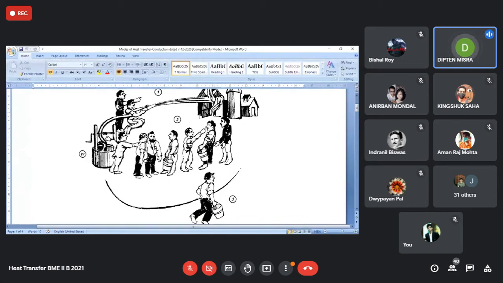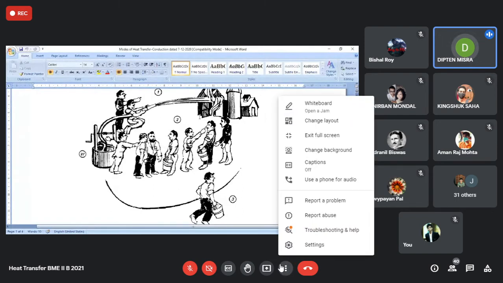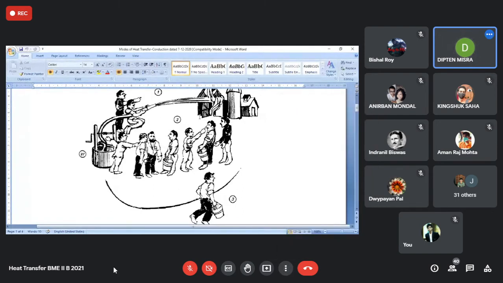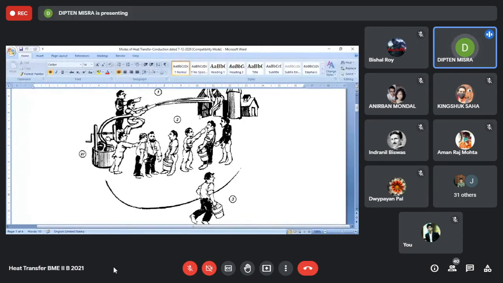Now, if we want to find out the rate of heat transfer in a given situation, then we have to go through a certain quantified approach: what is the magnitude of the rate of heat transfer that takes place in a given situation. To do that, the first thing we should do is to identify the mechanism by which the heat transfer is taking place.